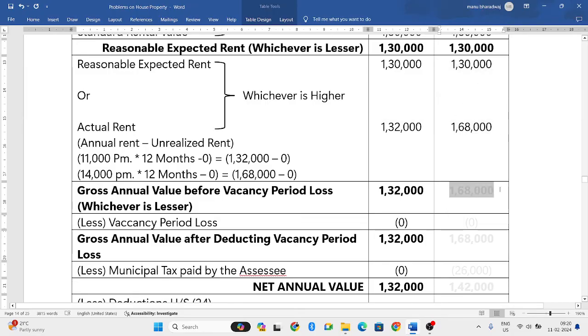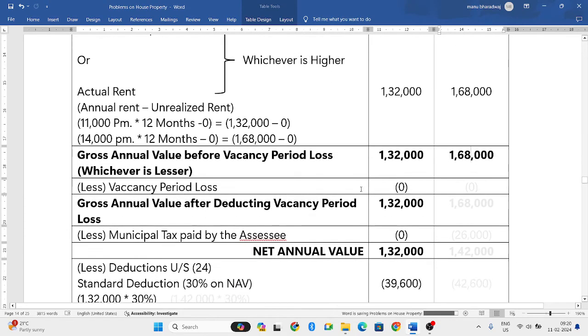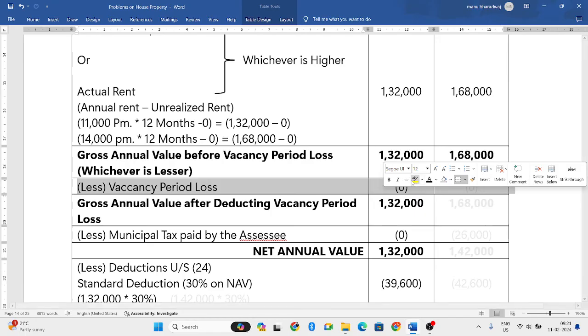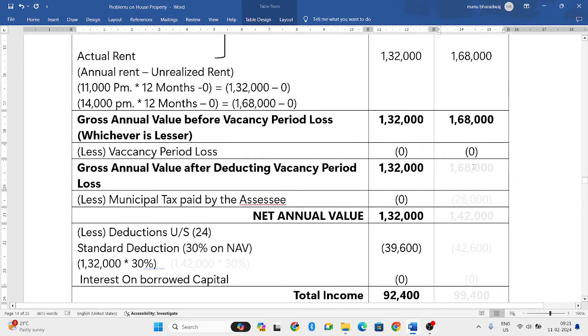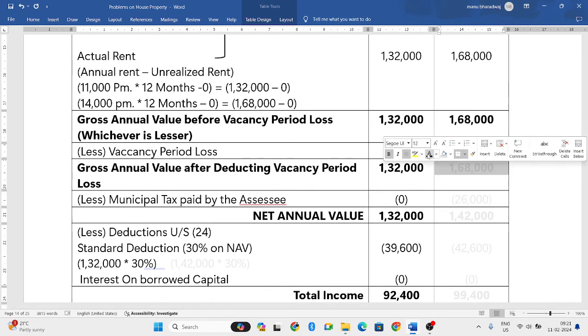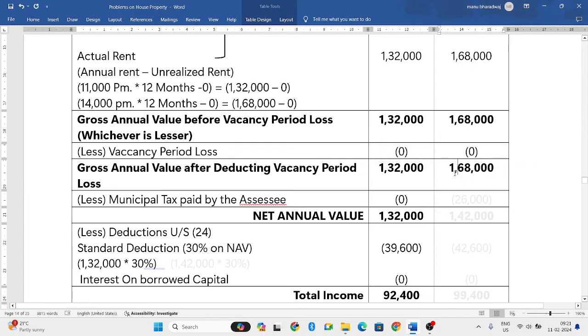Out of these two, whichever is higher, that is 1,68,000, is considered as GAV before vacancy period loss. From that, you have to subtract vacancy period loss. There is no vacancy period loss given in the question, so the GAV after deducting vacancy period loss will be 1,68,000.